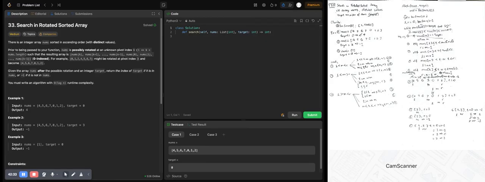So 0 is between, okay, 0 is not found. -1. Our target is 3. Then -1. Hold on. 0.